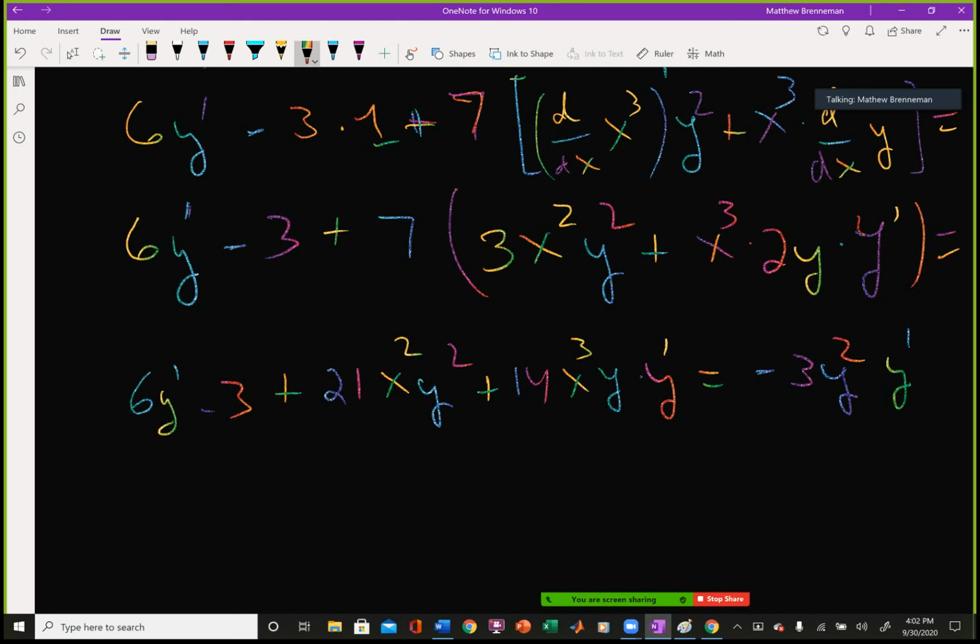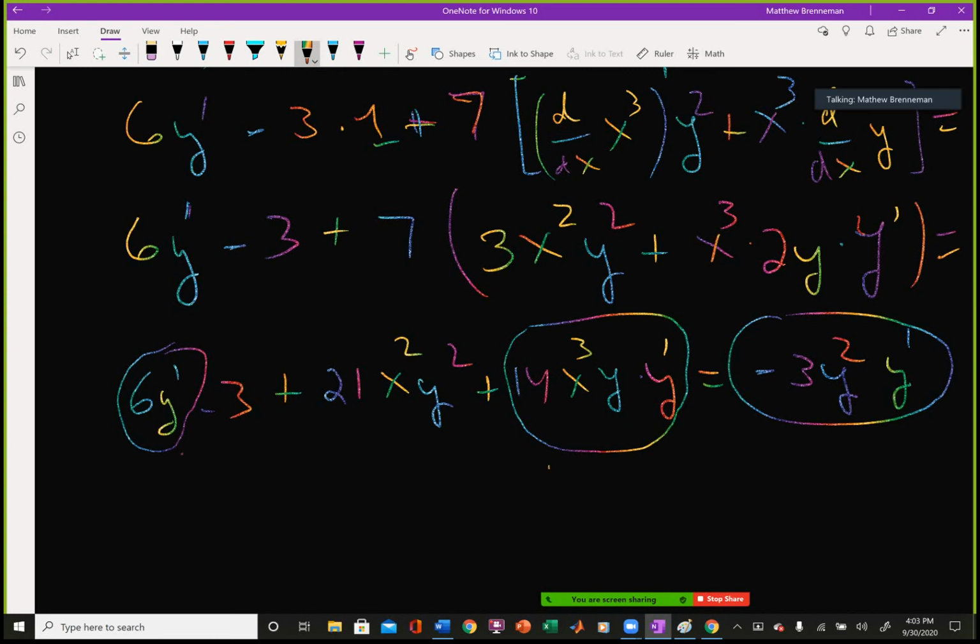Now your mission, should you care to accept it, is to solve for y prime, which means I need to get all the y prime terms over to one side. It doesn't really matter how you do it. I'm going to bring them over to the left-hand side because I want to solve for y prime anyhow. So I'll leave these two terms here, and I'm going to bring these two terms over to the right-hand side.